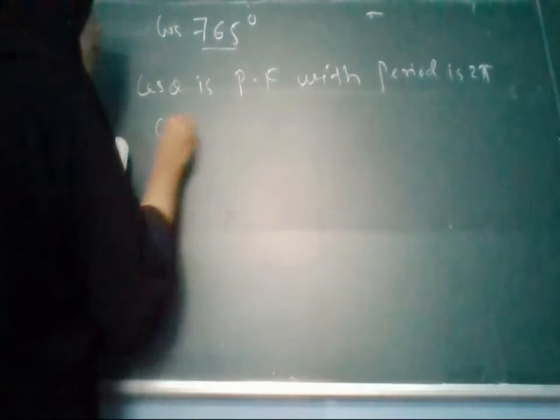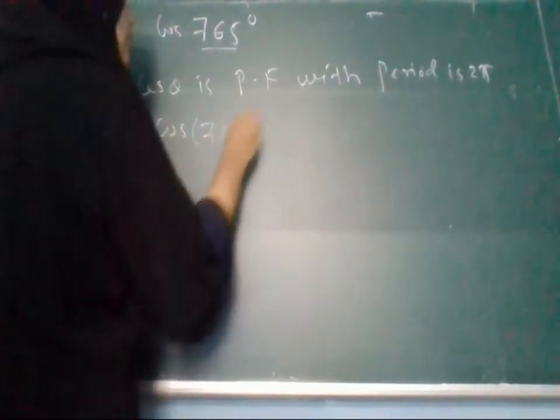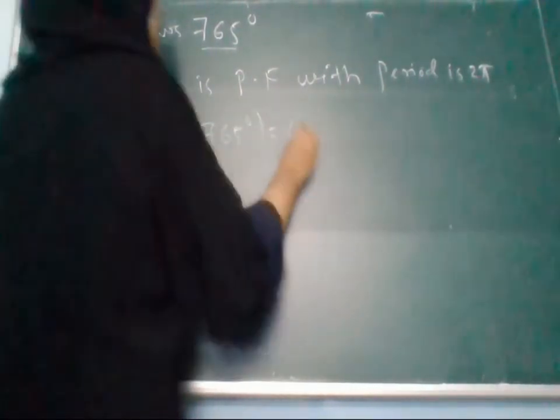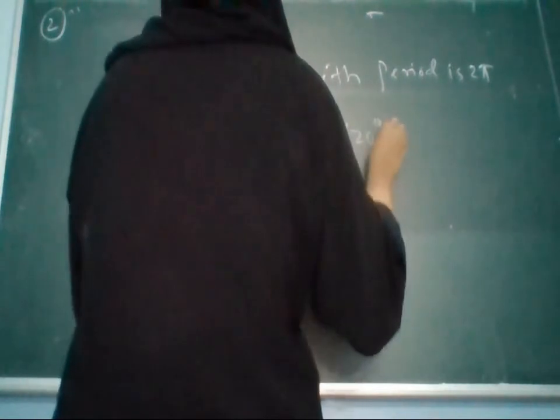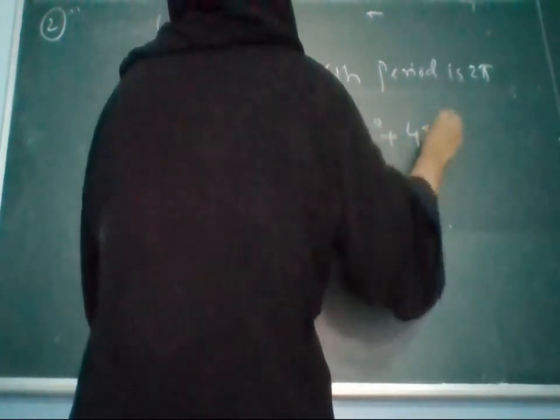Right? Therefore, cos 765 degree can be written as cos of 720 degree plus 45 degree.